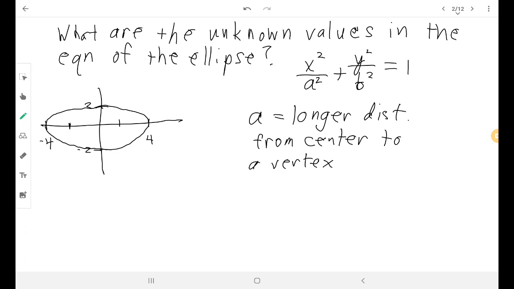And so from here at the center out to either this point or this point, that distance will be a.